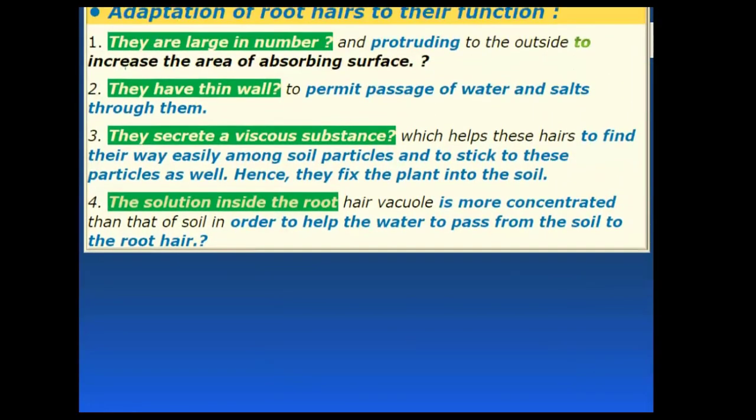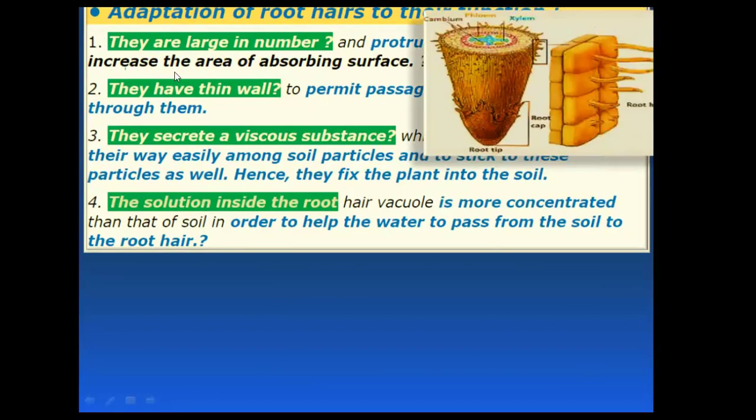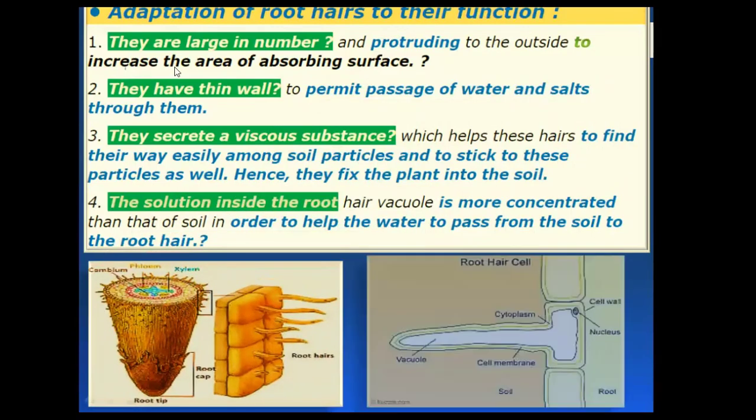So what is the adaptation of root hairs to their function? It's an important question. Number one, they are large in number. The root hairs are large in number and protrude to the outside to increase the area of absorbing surface.